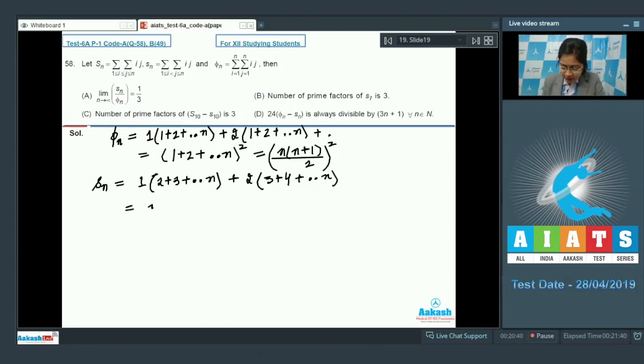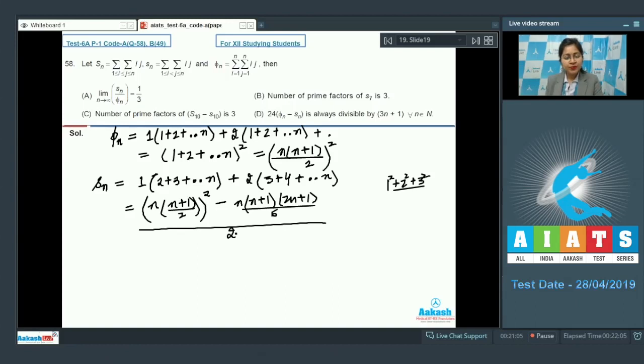So this can be written equal to n into n plus 1 by 2 whole square minus, from here we will subtract 1 square plus 2 square plus 3 square and so on, that is n into n plus 1 into 2n plus 1 upon 6 whole divided by 2. Is that clear?